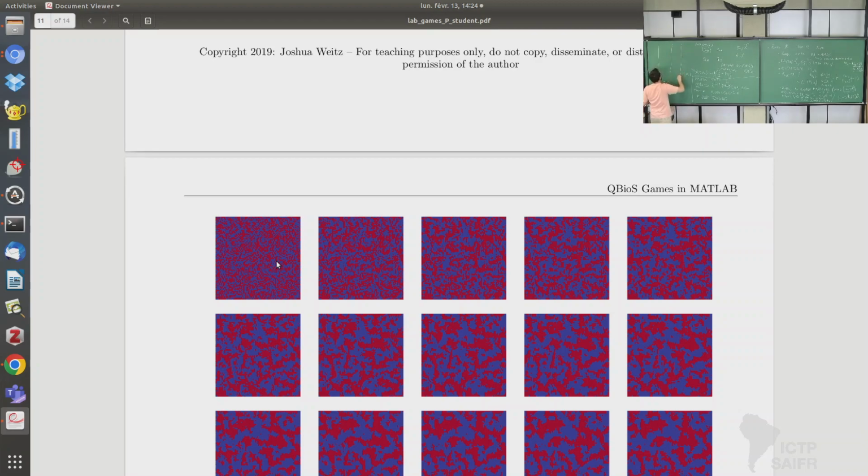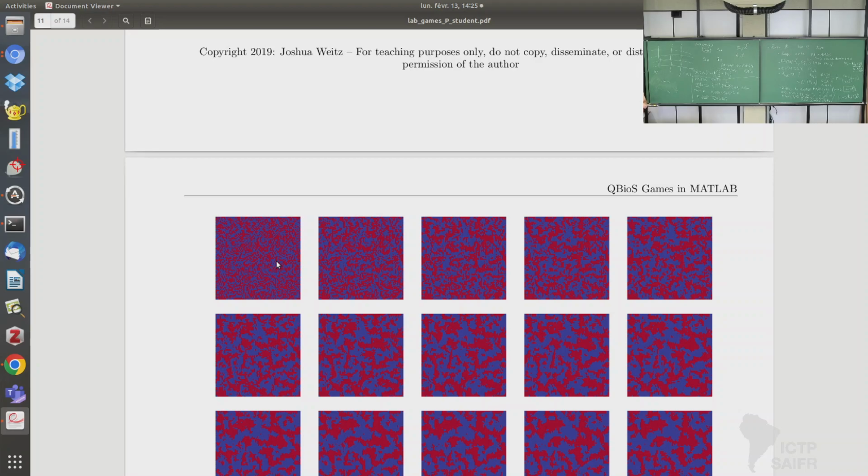This is a model where we explicitly have a lattice with space. If you are at this position, you will interact with this, this, this, and that. So you interact with the nearest neighbors, and you play the game against your nearest neighbors.